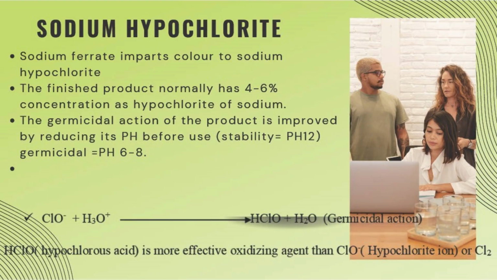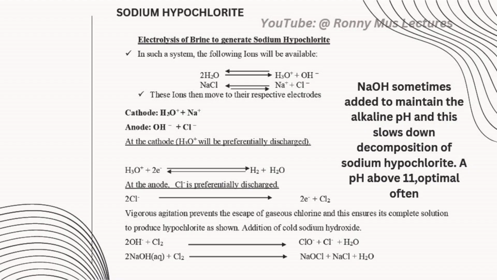This slide shows electrolysis of brine to generate sodium hypochlorite. So we have water, which dissociates to give you hydronium ions plus hydroxyl ions. Then you have sodium chloride, which dissociates to give you sodium ions plus chloride ions.